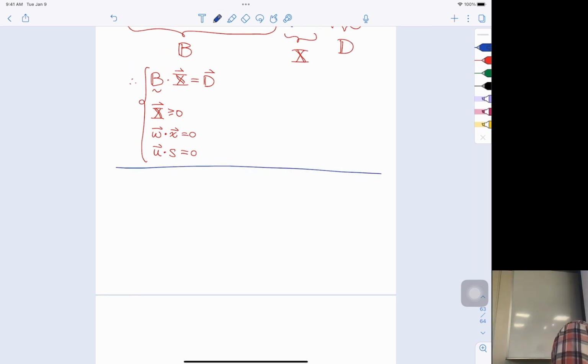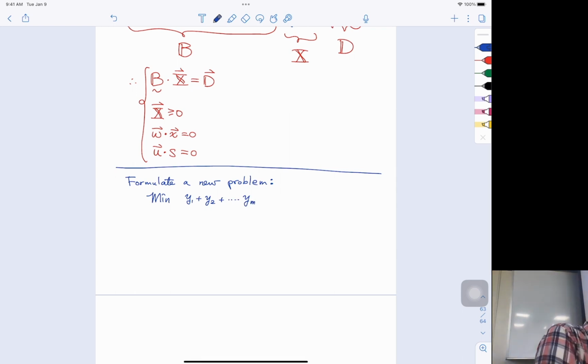Okay, so one way to get all the possible solutions is to formulate a new problem. So the new problem goes like: minimizing y1 plus y2 plus and so on. The number of y's I'm giving, for example, m.